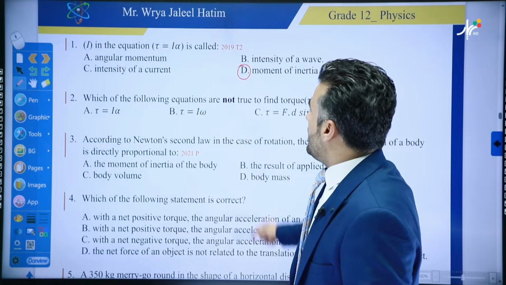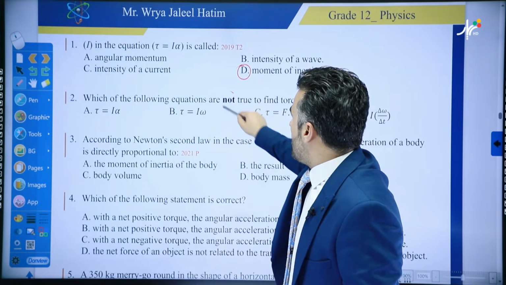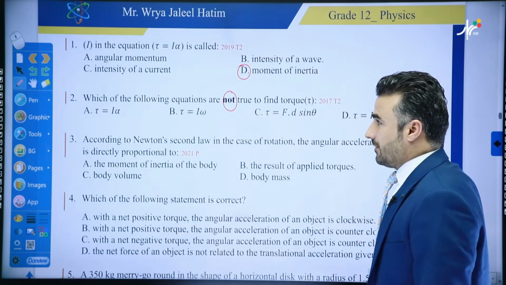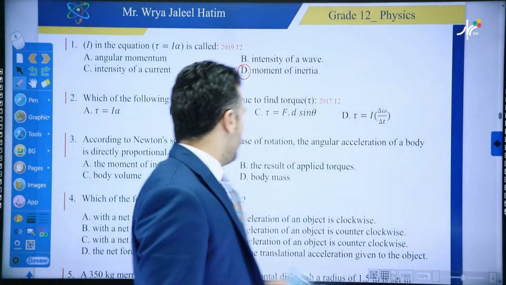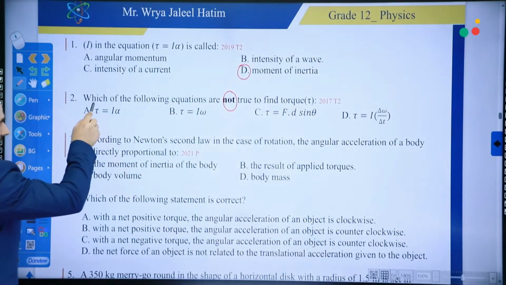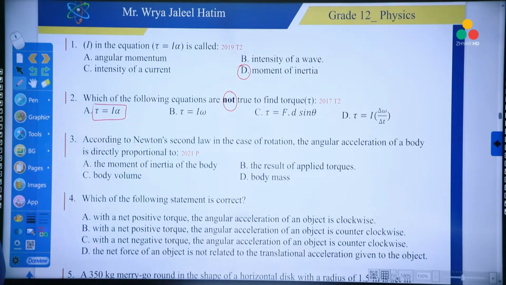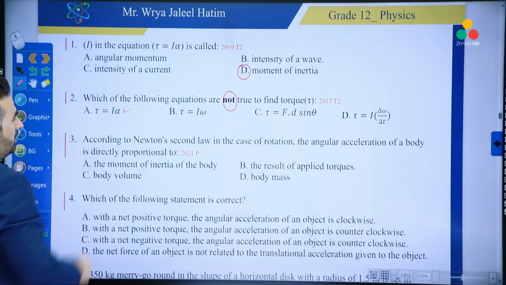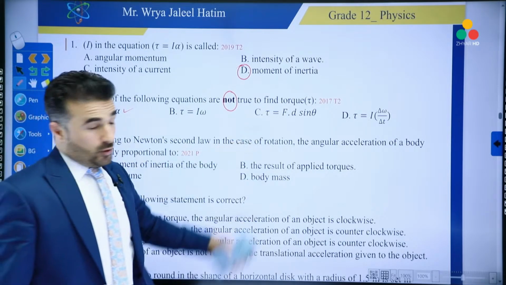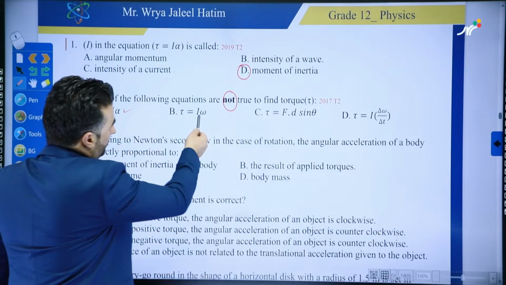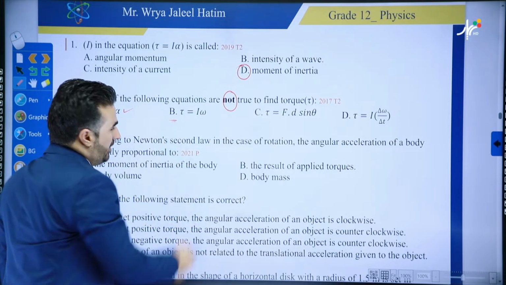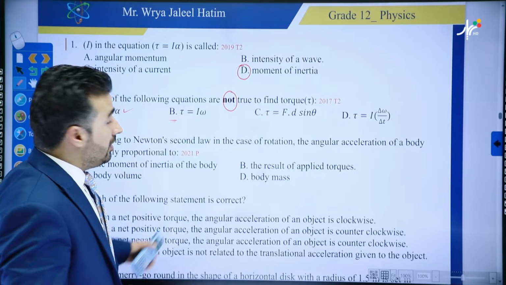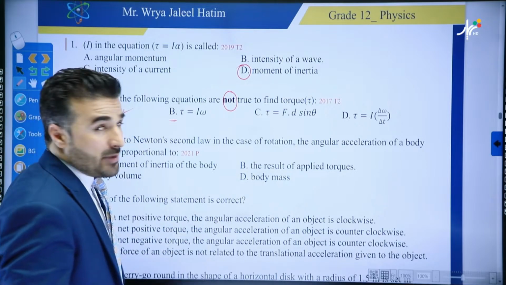Which of the following equations is not true to find the torque? So far we've been solving questions using this equation, so that means we can use it to find the torque. What about this one? This could be possible, but let's take a look at the other options, then we can get back to this.